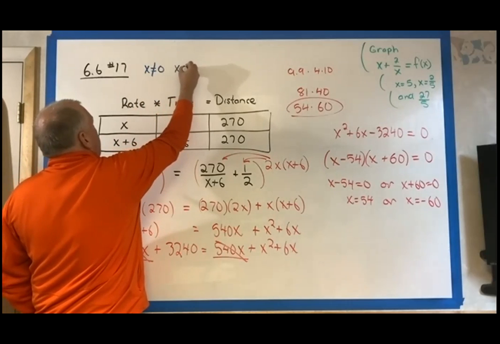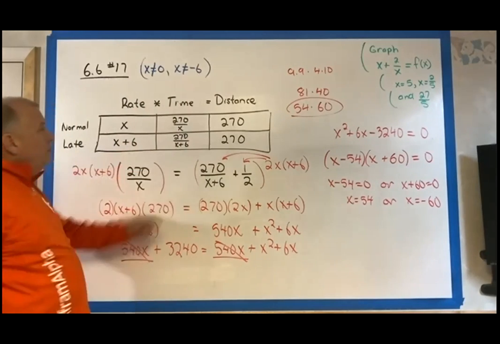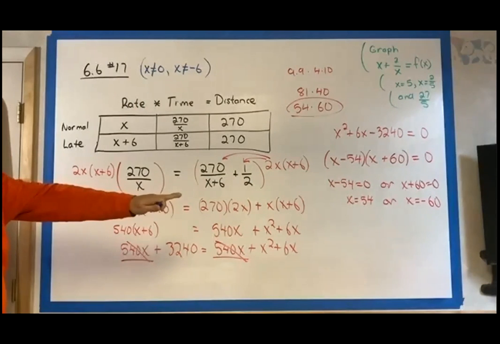I cannot use those. Thankfully, my answers were not 0 or minus 6, but I think you see that one of those numbers is bad. Even though it's a good math answer, it's a bad answer for this problem. Which is the answer I have to throw out over there?